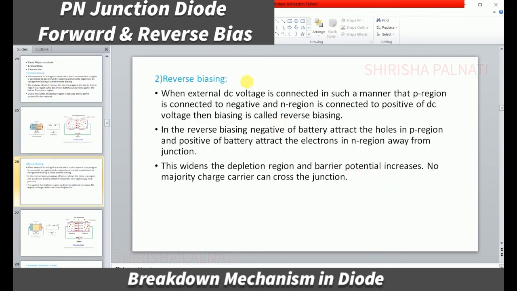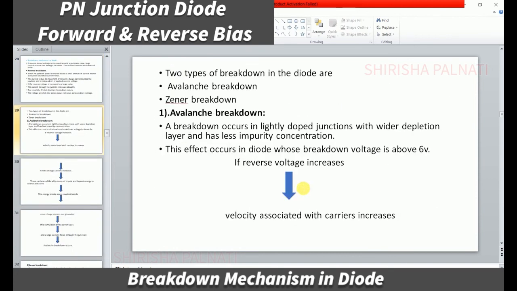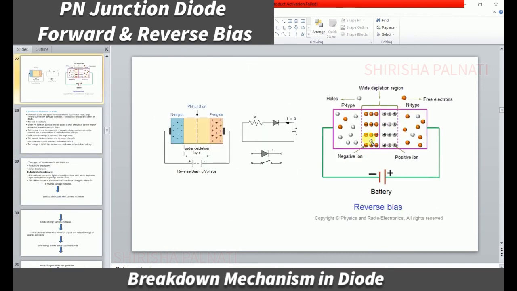And next, reverse bias. Reverse bias of the p-n junction diode is the reverse operation of forward biasing. So here we connect the holes to the negative, and the cathode is connected to the positive.